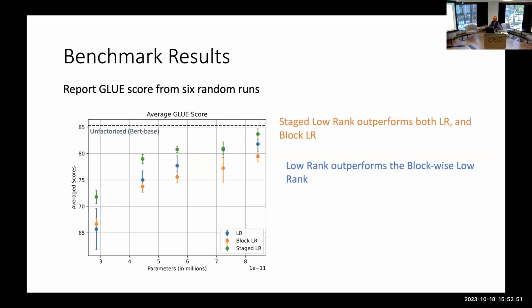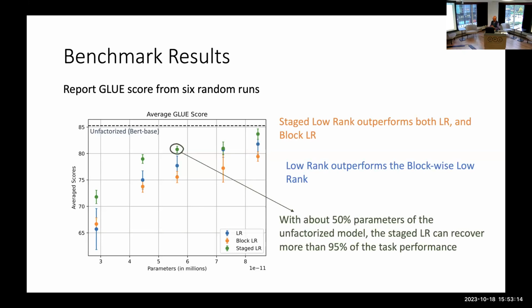So essentially, staged low rank outperforms both non-staged low rank, which is the blue one, and block low rank, for which we don't have data here for the staged version, which is not as stable.